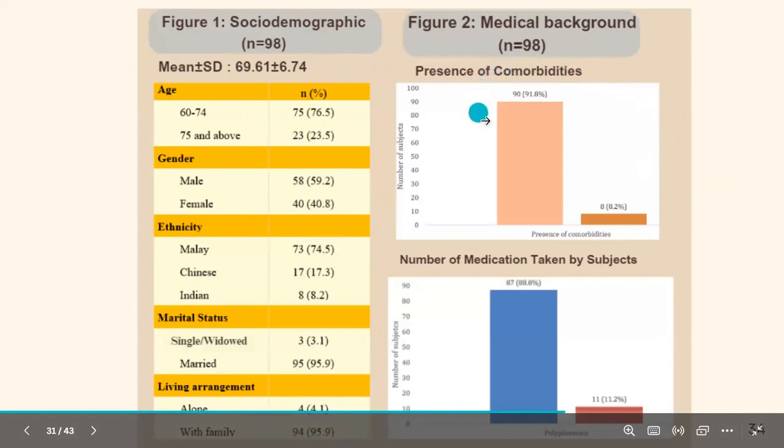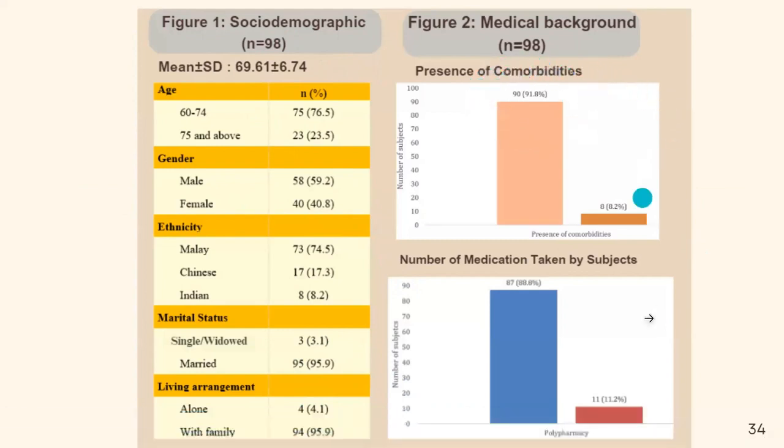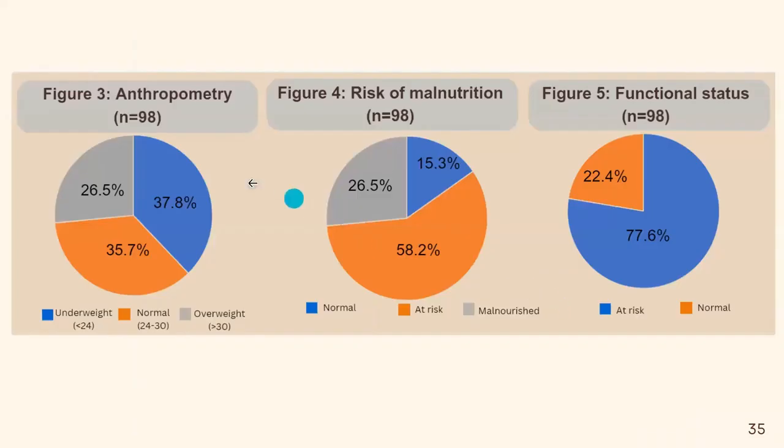The majority present with comorbidities and polypharmacy, about 88%. For anthropometry measurement, almost 38% are underweight, and about 27% of them are overweight.